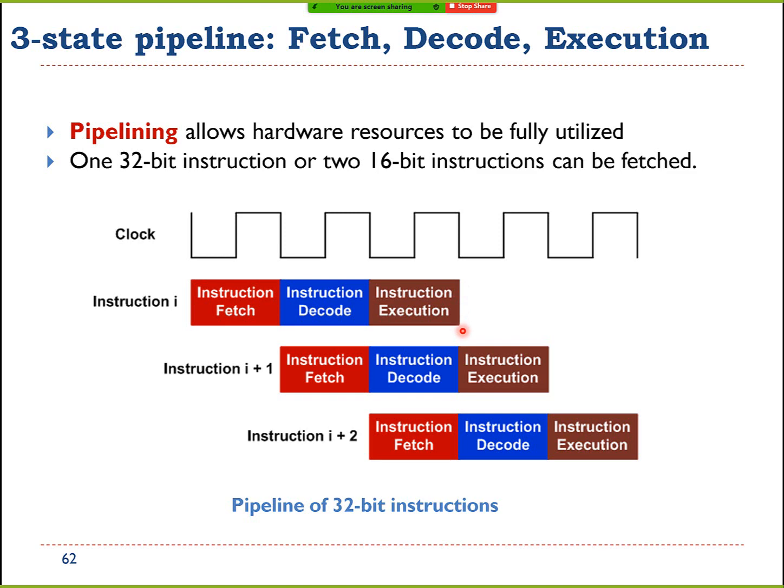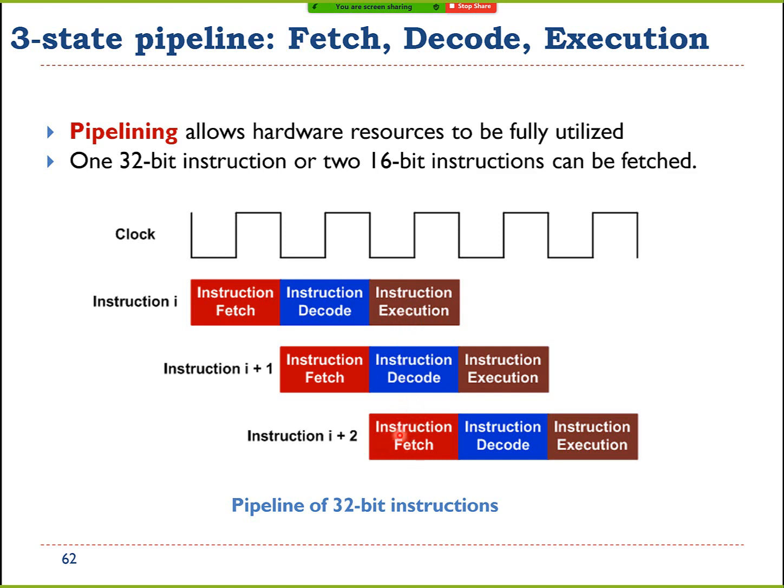If it doesn't use pipelining, it will first process these 3 steps, and then it will do another instruction fetch here, another decode here, another execution here. But it will be slow, right? But using this pipelining, while it is doing execution, at the same time it is doing decoding, at the same time it is doing fetching.